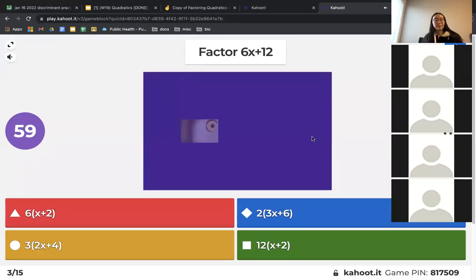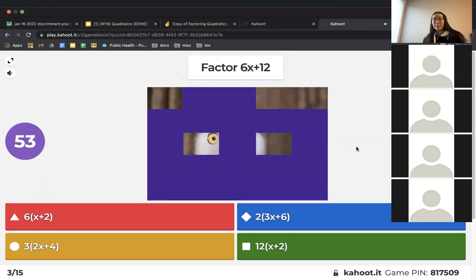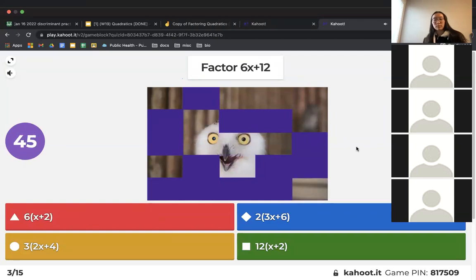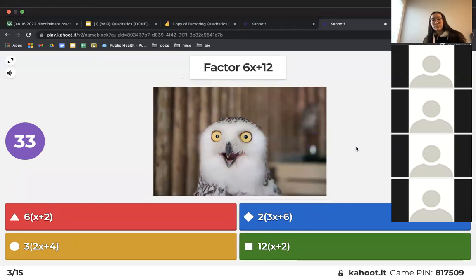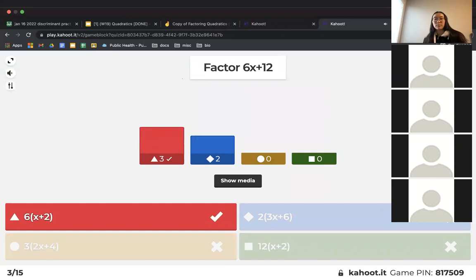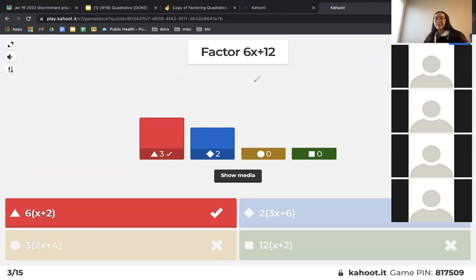All right, good job. 6x plus 12. All right, find the greatest common factor, take it out, and divide everything. Okay, so the greatest common factor here was the 6.